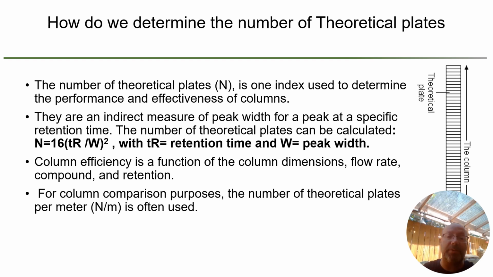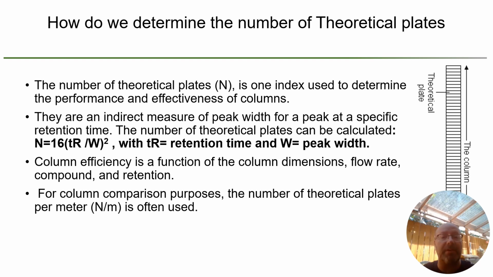The formula that we are going to be using is n equals 16 times the retention time over the width at the base, squared. 16 is a mathematical constant that was derived by using the peak base width.